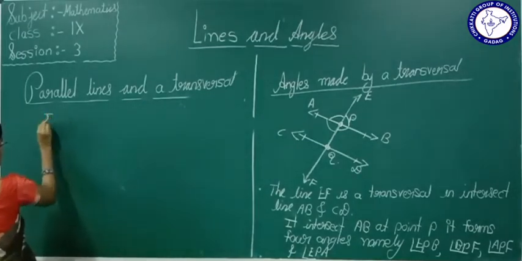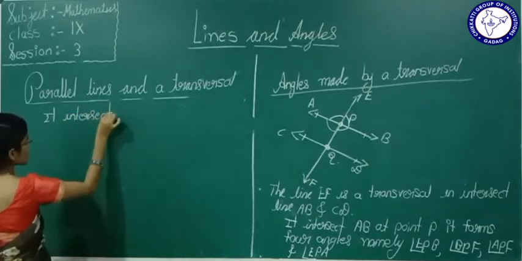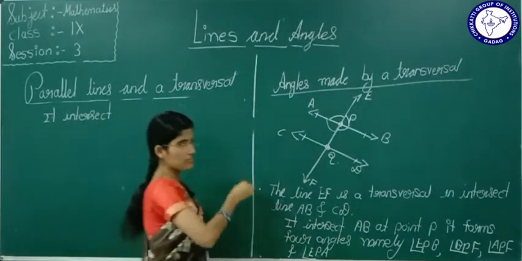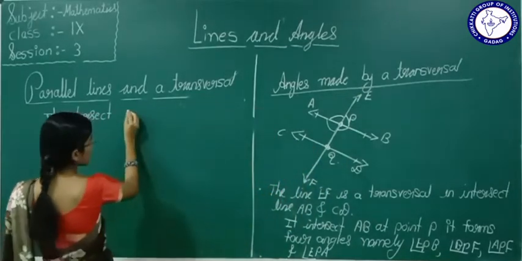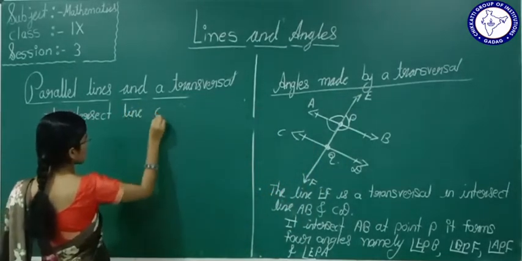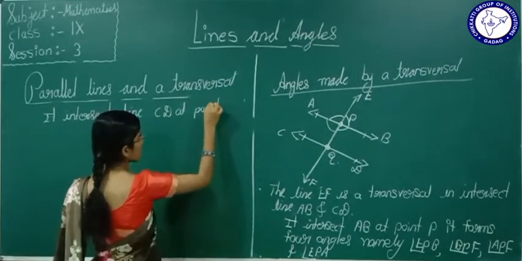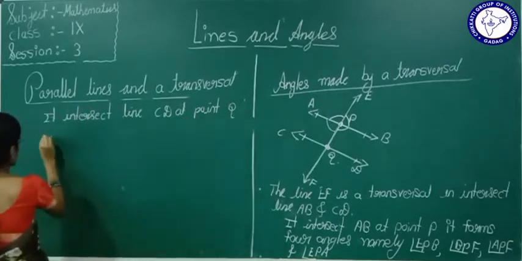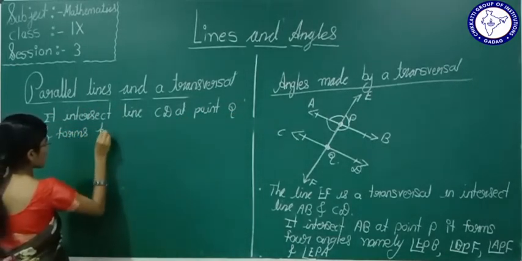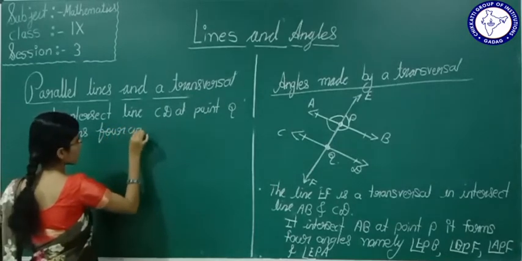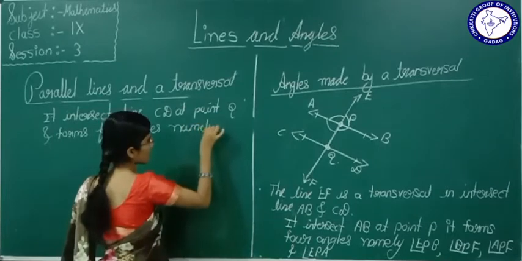Now again see here, line EF intersects line CD at point Q and forms 4 angles.